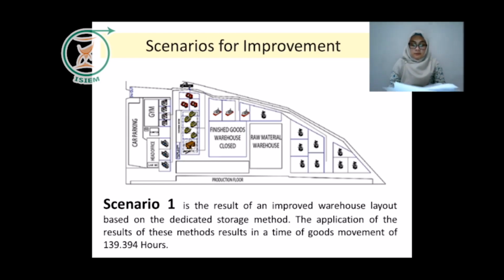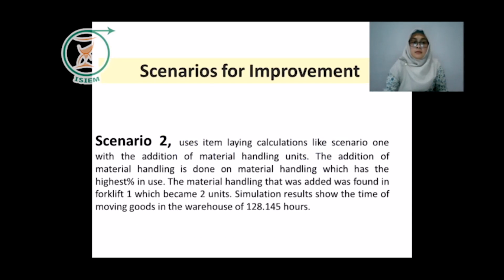This research produced two improvement scenario layouts. The first scenario is the result of improvement warehouse layout based on dedicated storage, and the second scenario uses the item laying calculation like scenario 1 with the addition of material handling unit.